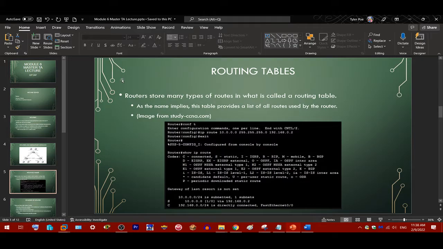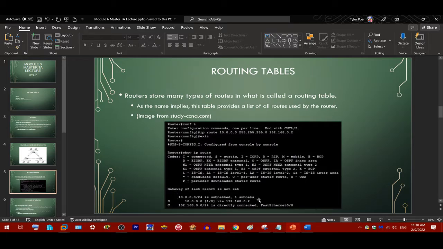So routing tables. Routers store many types of routes in what is called a routing table. As the name implies, this table provides a list of all routes used by the router. Now these routes are used to help routers determine where to send packets. So this image is taken from study-ctna.com. But anyway, if you type in show IP route, you can see that you're given a bunch of codes that represent the types of routes that are listed.